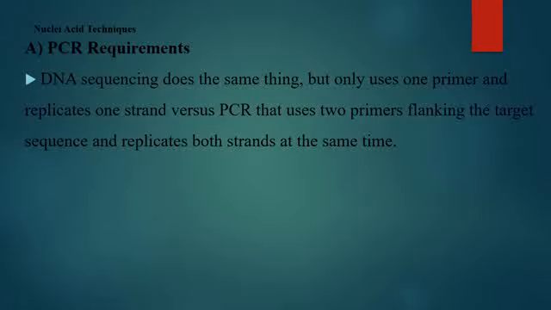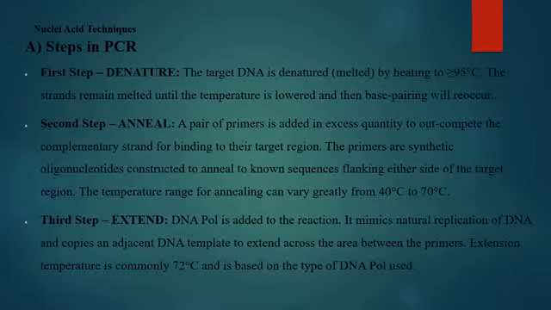In sequencing, one primer, one strand replicated. In PCR, two primers, and then the two strands being replicated. That's the difference between PCR and DNA sequencing.